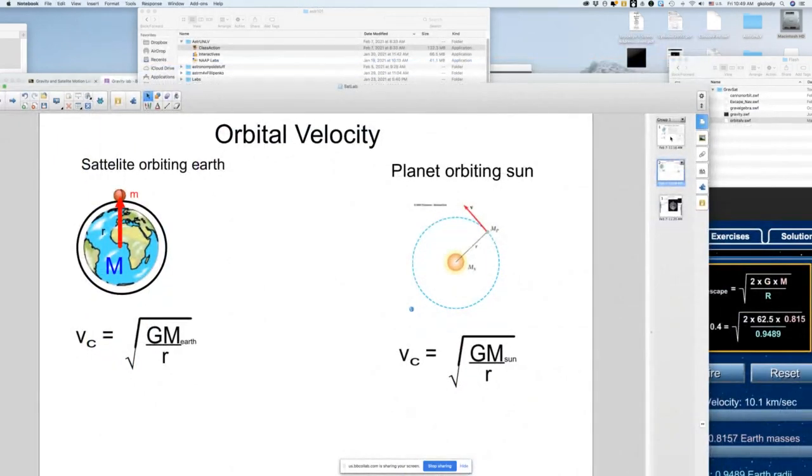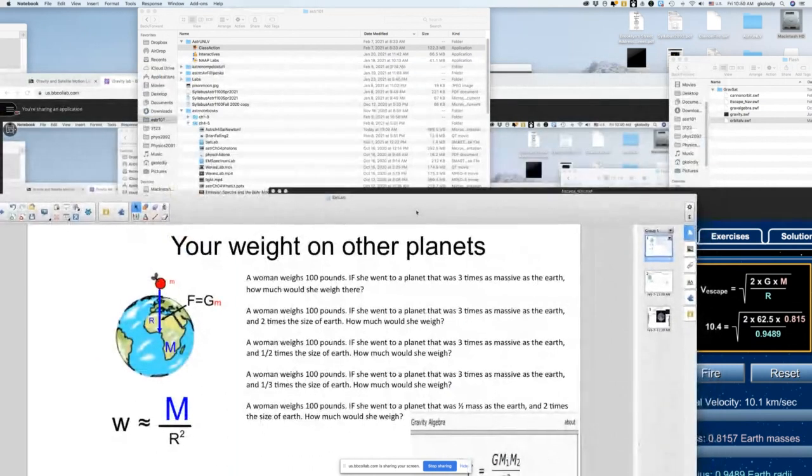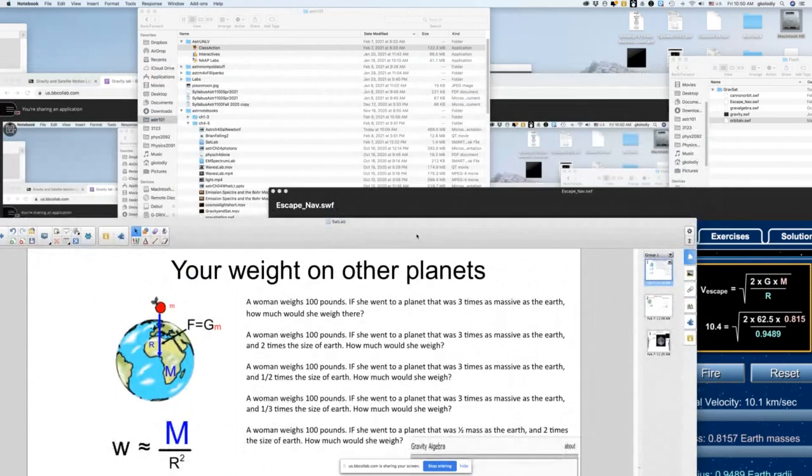So let's look at the algebra problem using the algebra simulation. For example, let's do this using this simulation here, and then we'll do it this way. If a woman weighs 100 pounds and she went to a planet that was 3 times as massive as Earth, how much would she weigh there? Well, let's take a look. 3 times as massive as Earth.